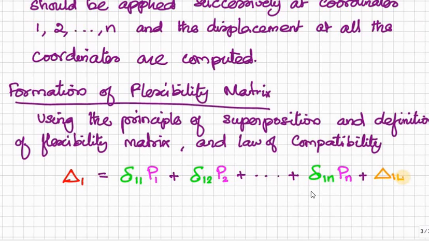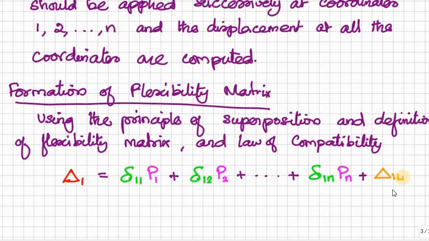Similarly, delta 12 P2 is the displacement contribution towards the final displacement at coordinate 1 by the redundant force acting at coordinate 2. Likewise, all contributions from the redundant forces are summed up.